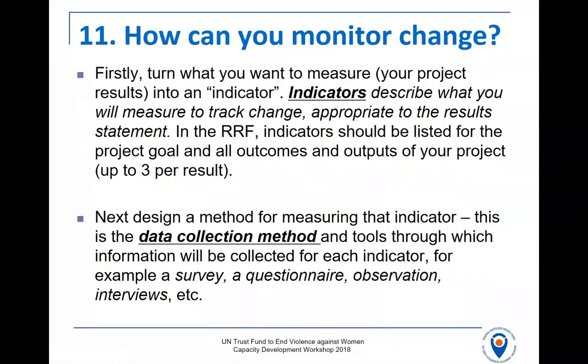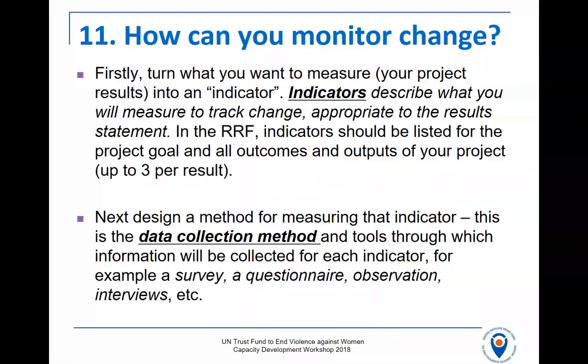Now, I told you about the steps that you'll be setting indicators and setting data collection methods. So what is an indicator? Most of you probably know this, but just in case, what is an indicator? Well, first, you need to look at your results. So in that activity that I showed you, their result was that women survivors of violence would get services, better services.